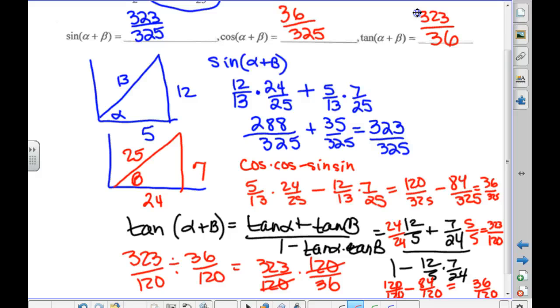Because it's the top one goes back. Okay. You're saying this divided by this would have also given us this answer? Why is that? Sine over cosine. Because tangent is sine over cosine, so the sine of alpha plus beta divided by the cosine of alpha plus beta is the tangent of alpha plus beta.